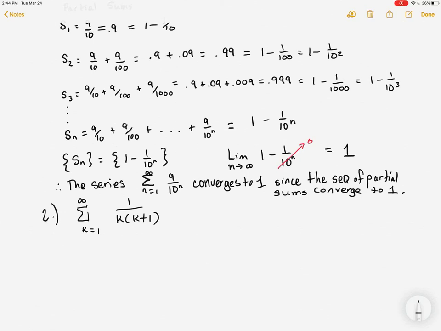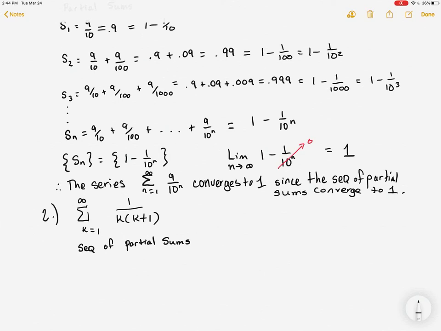If I left it in this form and wrote out the sequence of partial sums, you might notice that I bounce back and forth, sometimes using a subscript of n, sometimes k. It's a dummy variable, it doesn't really matter.